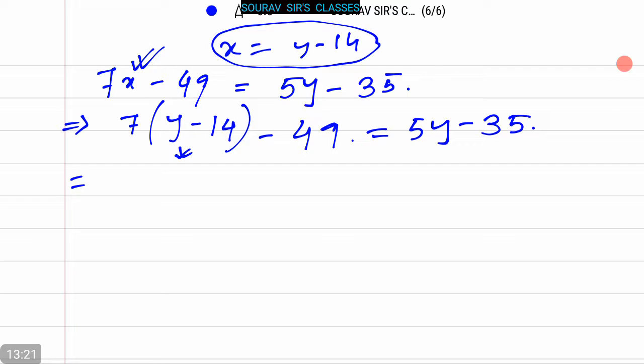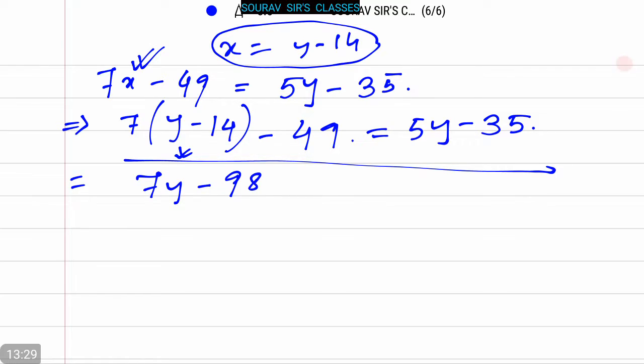Now we are presenting the equation in terms of y. So we can write 7y minus 98 minus 49 is equal to 5y minus 35.